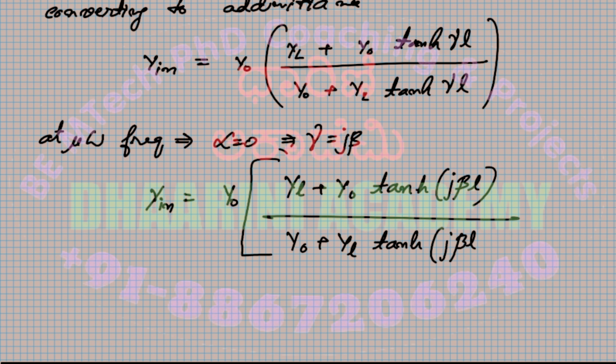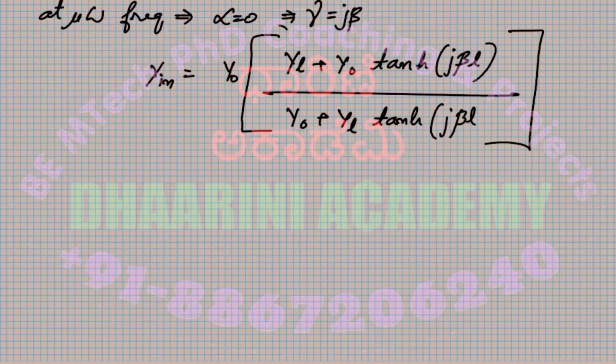So use a property from the property of a tan hyperbolic. Tan hyperbolic of j theta is equal to j tan theta, correct? So let's do that.